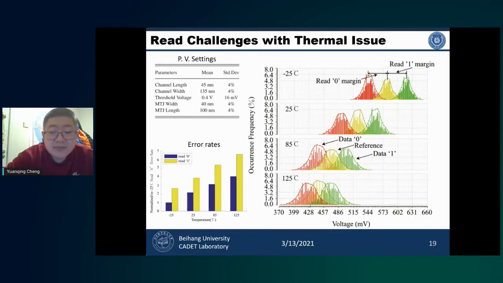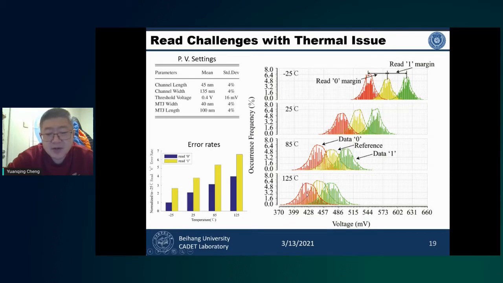As shown in the right part of this slide, we can observe that as the temperature increases, the overlap between the data 0 readout voltage distribution and the data 1 readout voltage distribution becomes larger at high temperature.